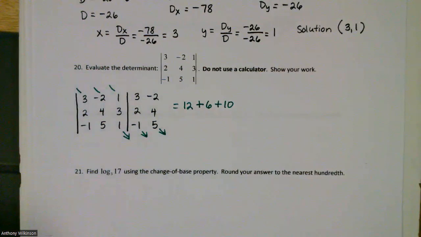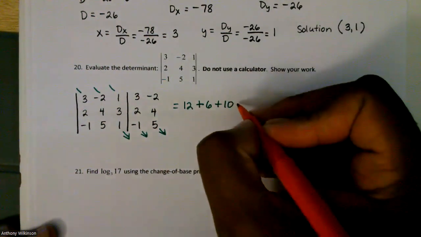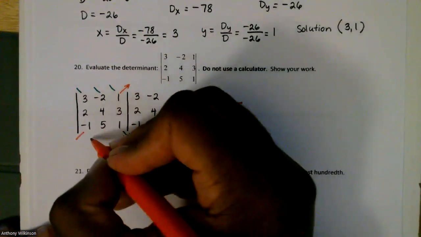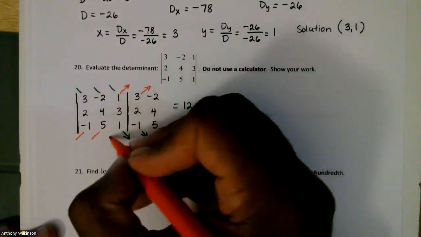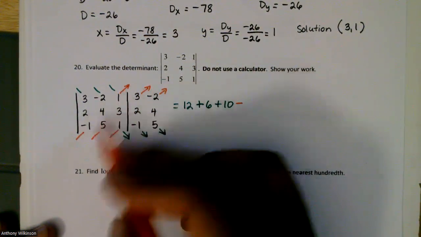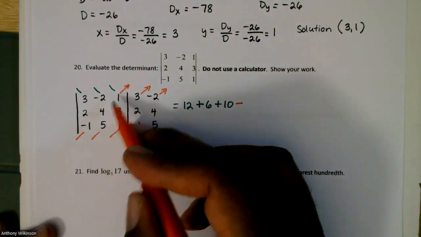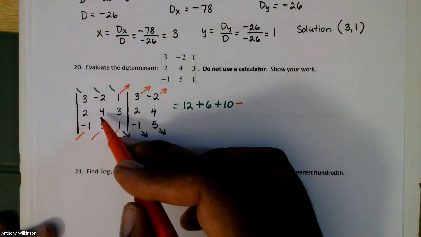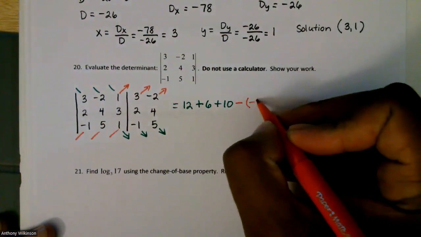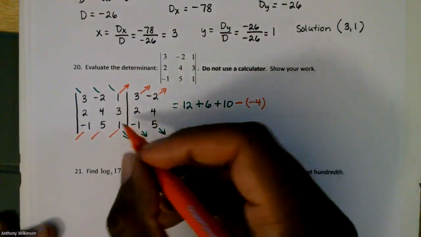And then next I'm going to subtract each product of each diagonal going in this direction from the lower left to the upper right. So like on this diagonal, -1, 4, and 1, -1 times 4 will be -4, times 1 will be -4. So I have minus -4.